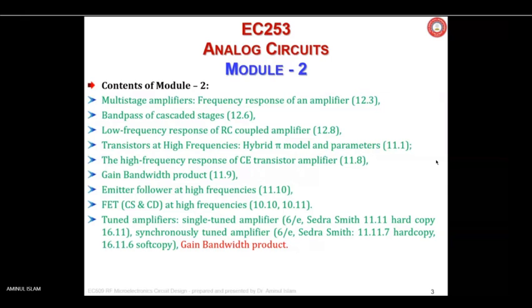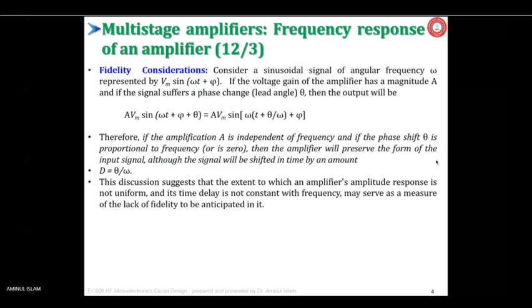Tuned amplifiers will be discussed in this module 2.